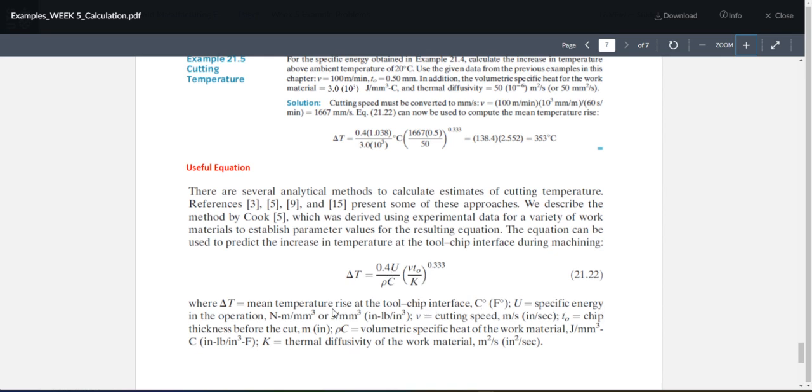So we just need to put the parameters exactly as they are. You need to check what units we have here. This one is going to be Newton meter per cubic millimeter, or joule per cubic millimeter. The velocity should be put in here in meter per second. The depth of the cut should be in meters, not in millimeters. The rho C is going to be in joule per cubic millimeter degree, and this value is going to be given unless we are given the rho and the C individually.